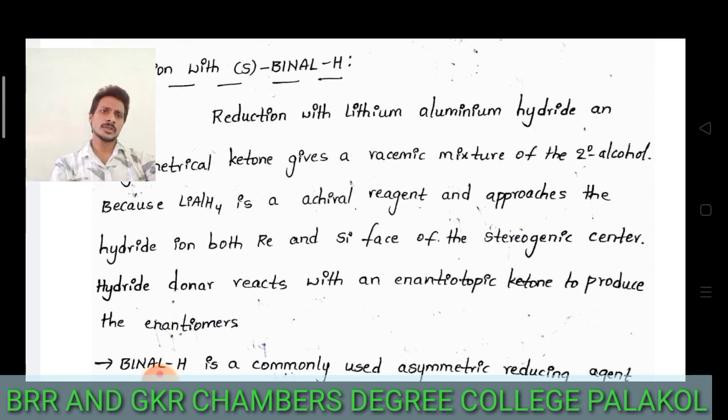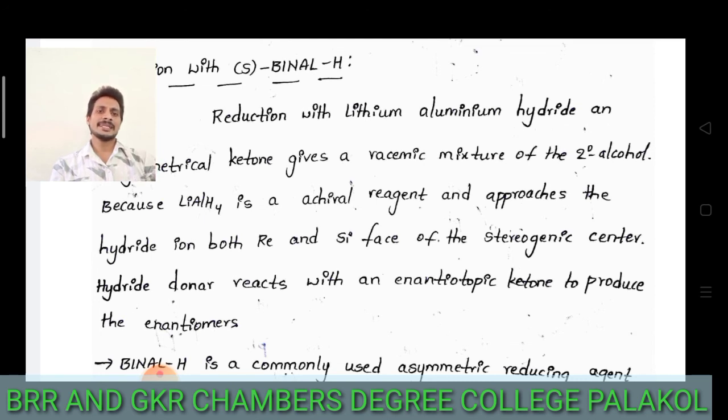Look at the transfer of hydride ion to either the Re face or Si face, because we take unsymmetrical ketones having two different faces, one is the Re face and another one is the Si face. Hydride ion transfers to either the top face or bottom face, and it gives the corresponding alcohols.